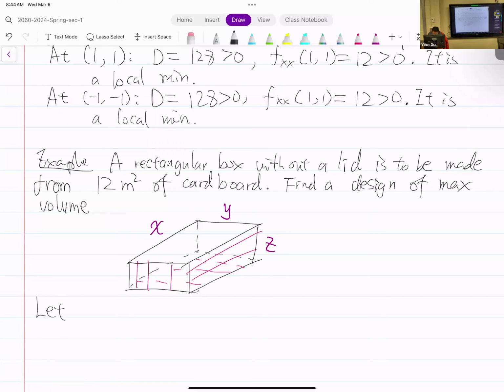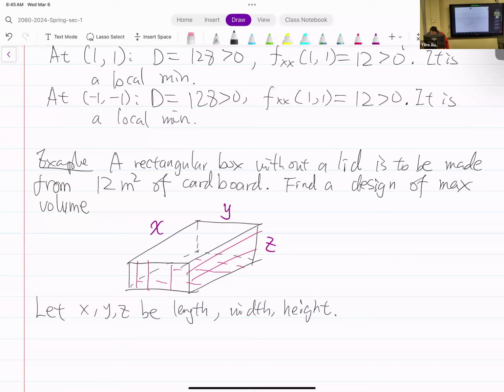So let x, y, z be the length, width, and height.